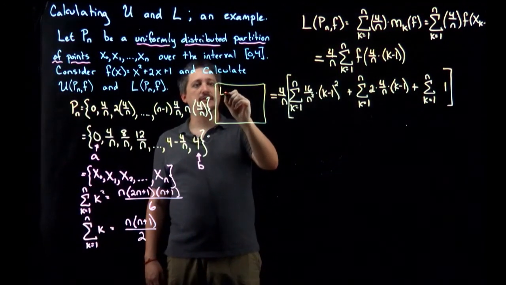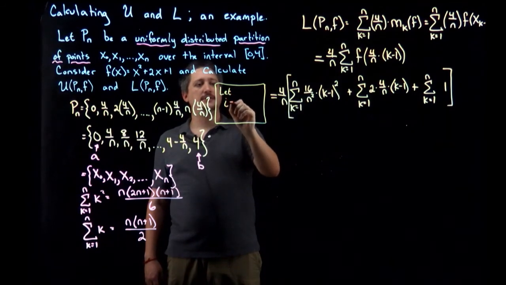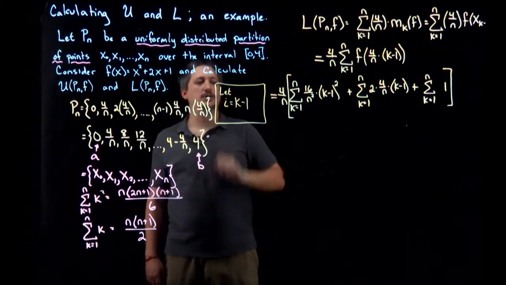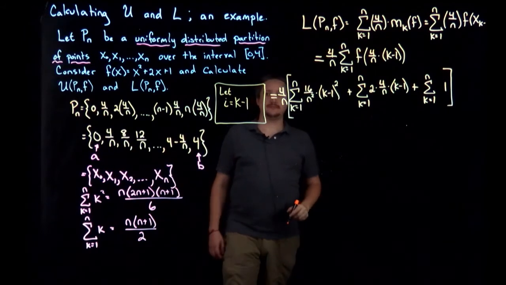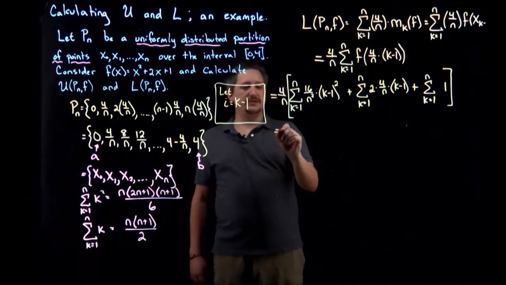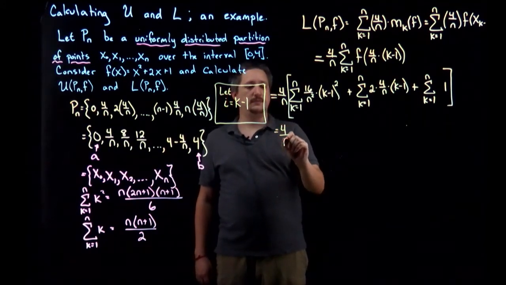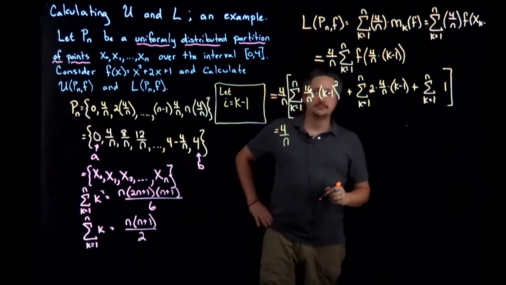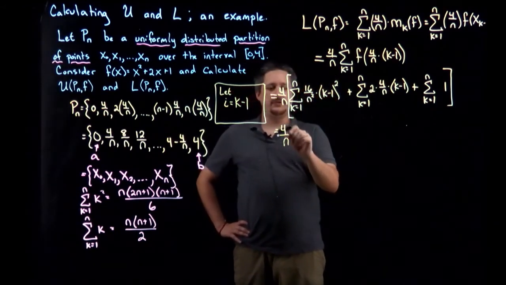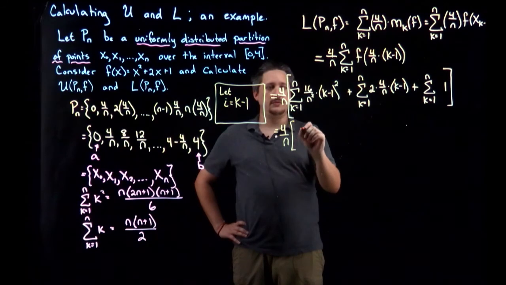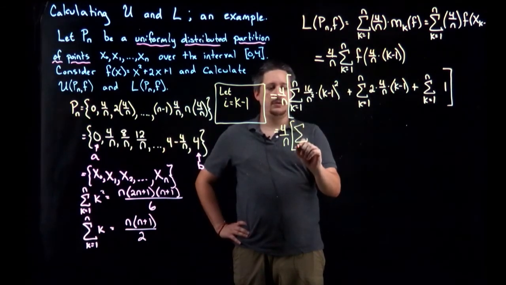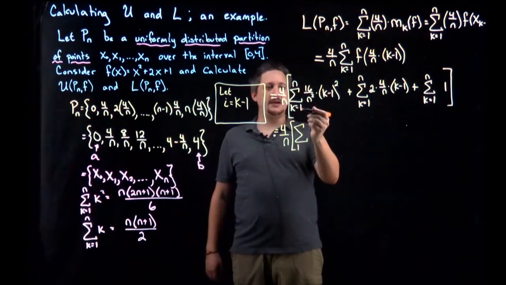I'm going to say let i be k minus 1. So what that's going to do for me is I'm going to have 4 over n times the sum. Here I had k equals 1.